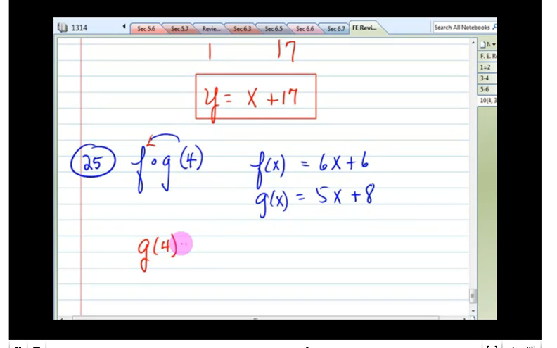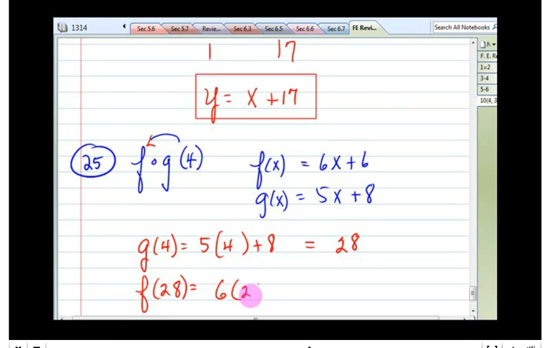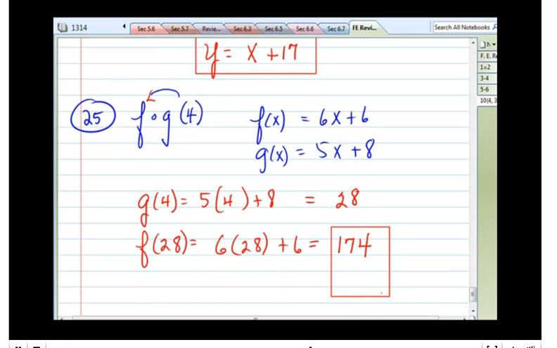So g of 4 is 5 times 4 plus 8, which is 28. And then now we go into f, and we do f of 28 is equal to 6 times 28 plus 6, which is 174. And there's your answer. Does that make sense? So start on the right-hand side, put this number into this function. Whatever number you get, put it into the other function. Always go right to left.